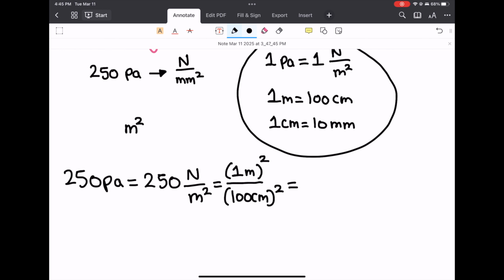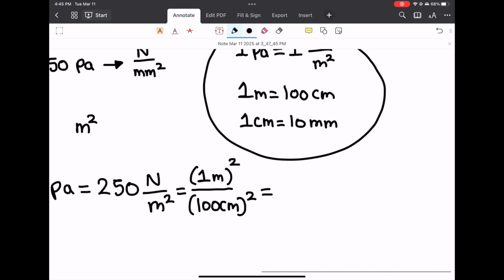Still, the centimeters is not what we want, we want millimeters. So let's throw in the next factor. Centimeters is in the denominator, so in order to cancel it out, we have to put it in the numerator. So we're going to put 1 centimeter and we're going to square it, because in order to cancel it, we need to have the same units.